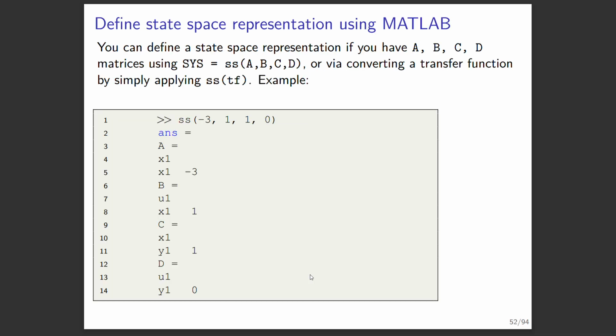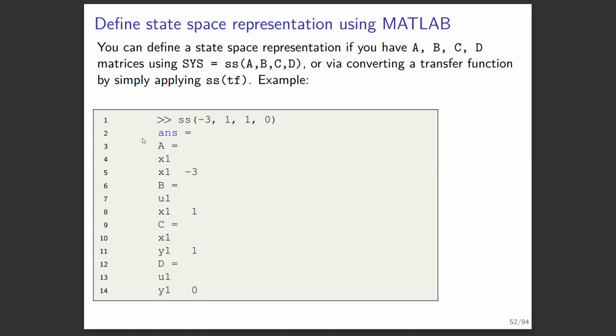Now, how about MATLAB? How do we define state space representation using MATLAB? In MATLAB, the command for state space representations is ss. So if you know what the A, B, C, and D matrices of your state space representation are, you just write ss of A, B, C, D, and it's going to define the system for you.